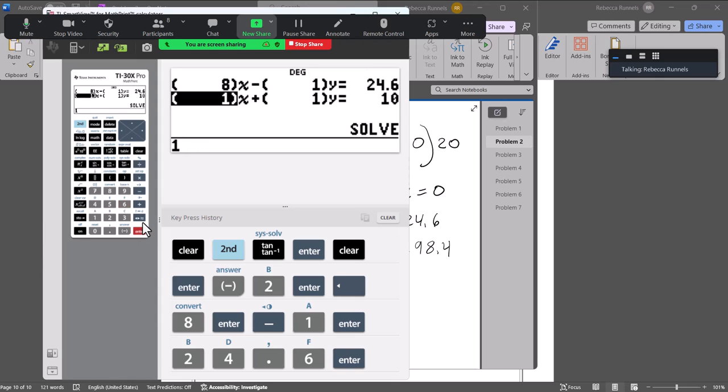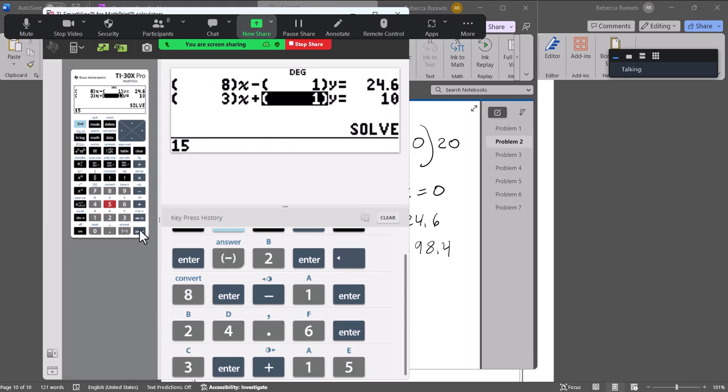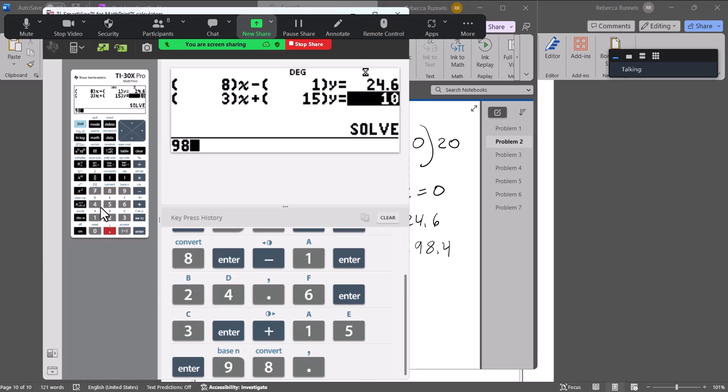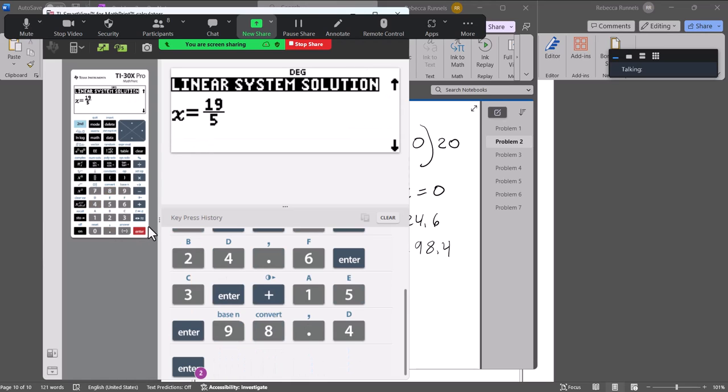And then the second equation? 3 plus 15 equals 98.4. Hey, that's the right answer. Okay, so V1 is 3.8. And V2 is 5.8.